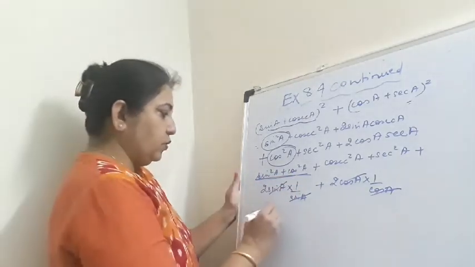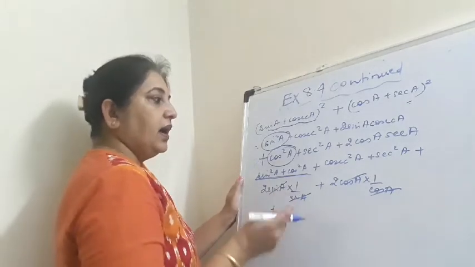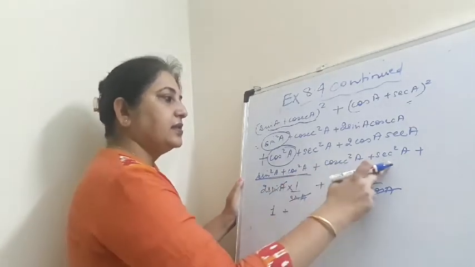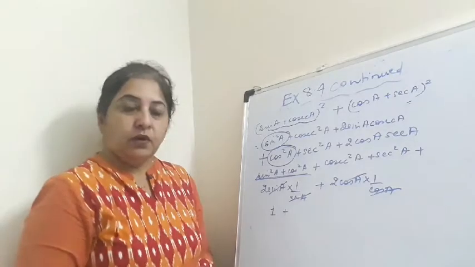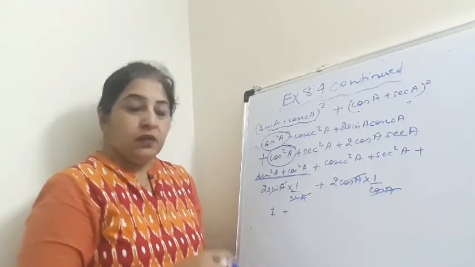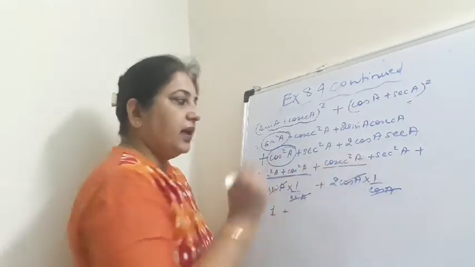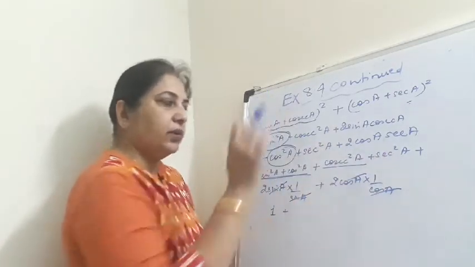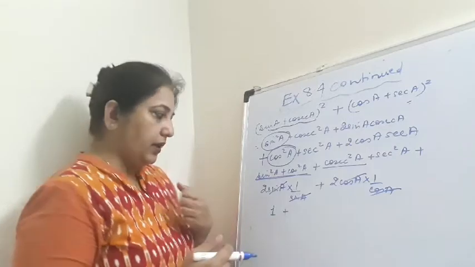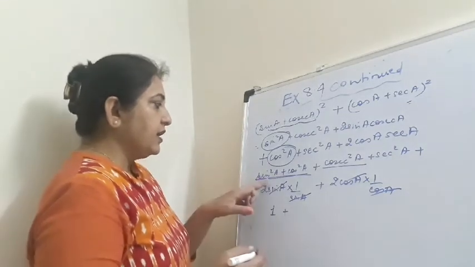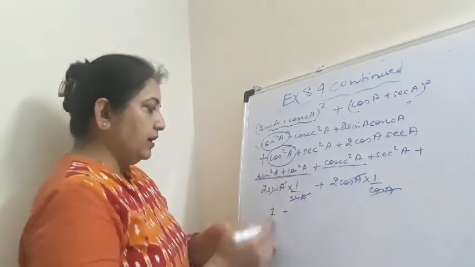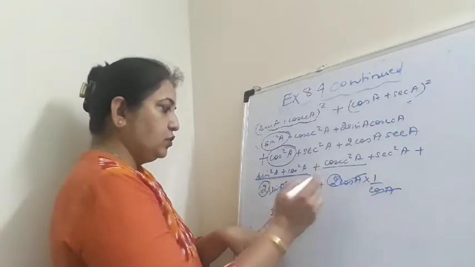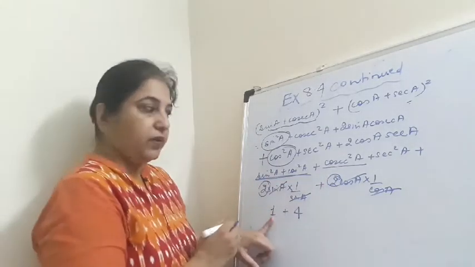So here I write 1 plus. Now I don't want cosec square A and sec square A on the right side. I want cot square A and tan square A. So what I will do, cosec square A I will change and write in terms of cot square A, and sec square A I will write in terms of tan square A. So therefore I get here sin square A plus cos square A is equal to 1, and this 2 and this 2 will become 4, right?